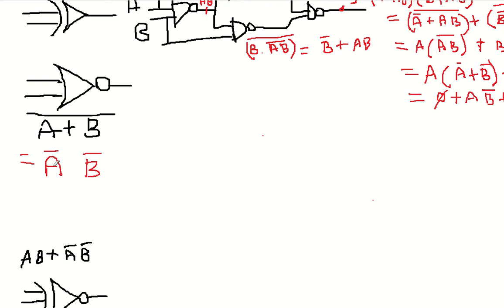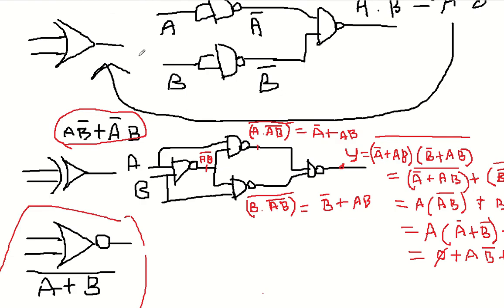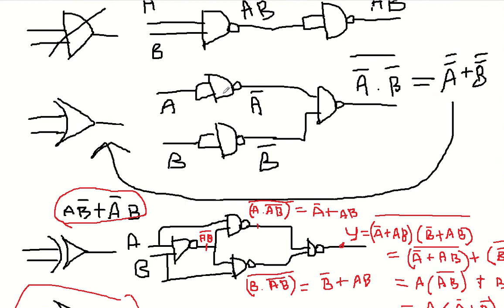So if we make A bar and B bar first, which means we can easily make NOR gate if we have our OR here. We just need to redesign this OR first. After designing the OR, we can just add one inverted representation of NAND, isn't it?